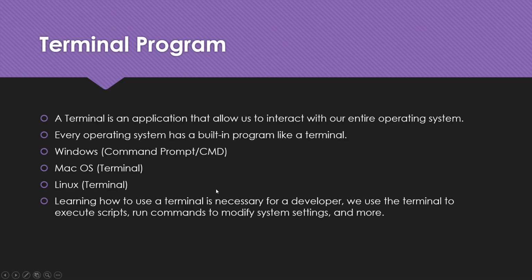A terminal is just an application that allows us to interact with our entire operating system, and every operating system has a built-in program like a terminal. Windows has the command prompt, and Mac OS and Linux have the terminal. It's necessary to learn how to use a terminal, because when you're going into a scripting language like Python or JavaScript, these languages are not compiled, they're interpreted.